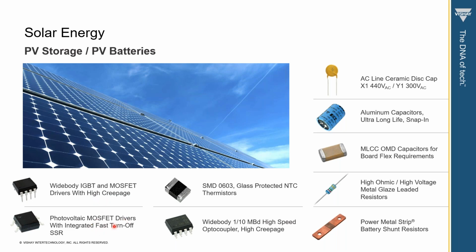Then we have the MOSFET driver with the integrated fast turn off SSR. Then we have the SMD type NTC thermistor, the wide body high-speed optocoupler and high clipping AC9 ceramic disc cap, aluminum cap for ultra long life and step-in packaging.